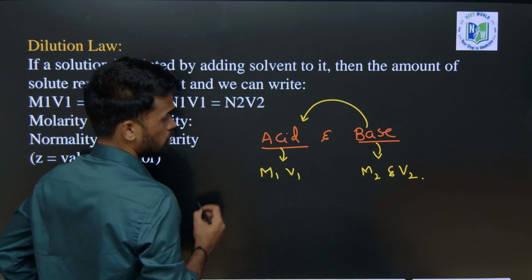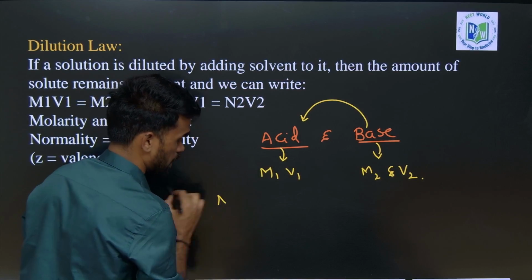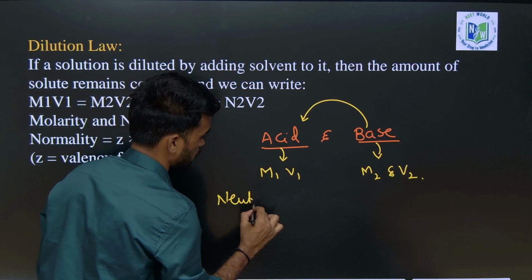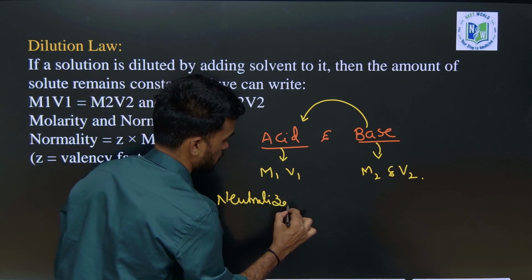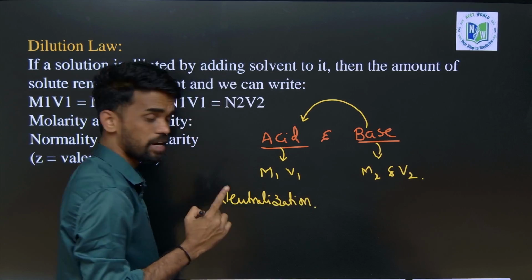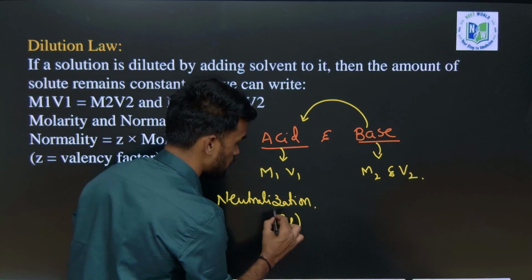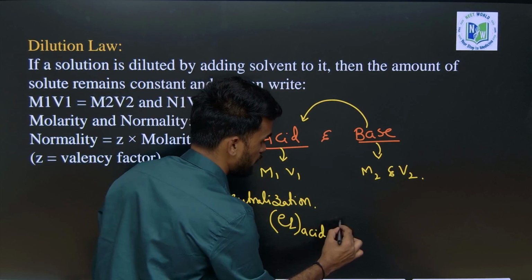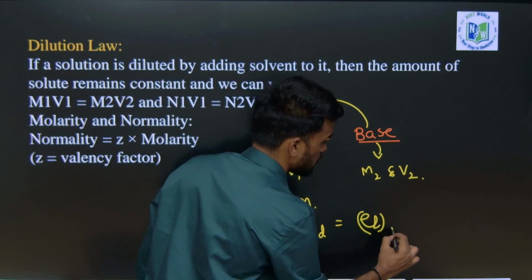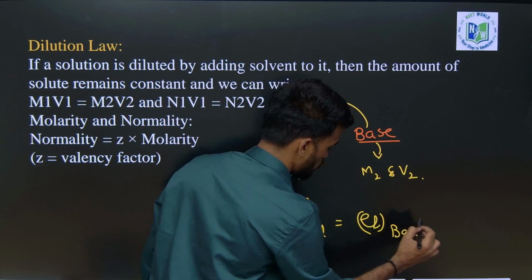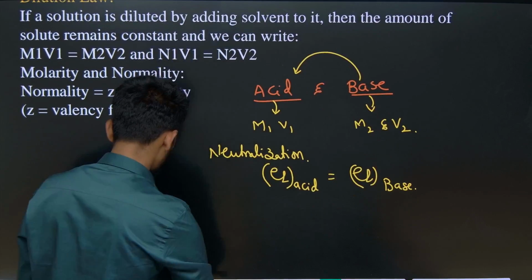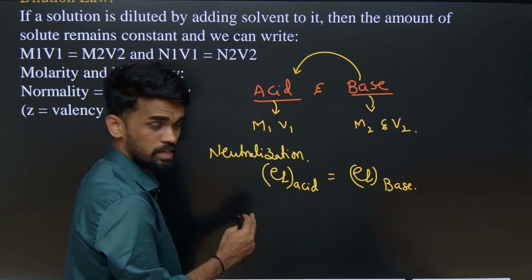Okay. So when neutralization takes place, what happens? Equivalents of acid will be equal to equivalents of base. What do we mean by equivalents? I told you, the number of equivalents, that is what I am writing here.